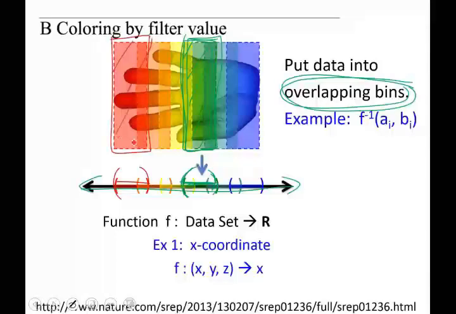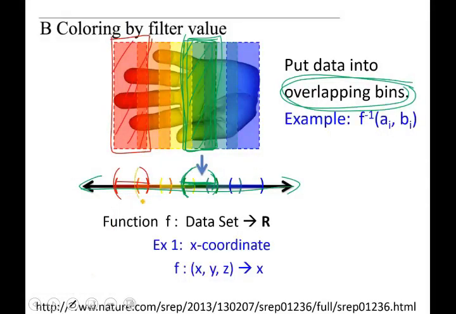That becomes another bin. Similarly, we can take the pre-image of this open interval. That pre-image gives us the data points in this rectangle right here. All the data points within this also get placed into a single bin.